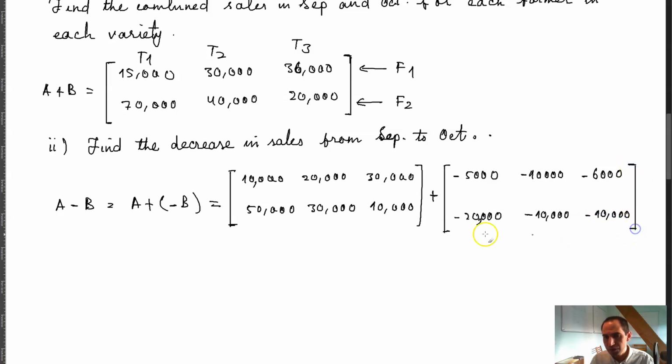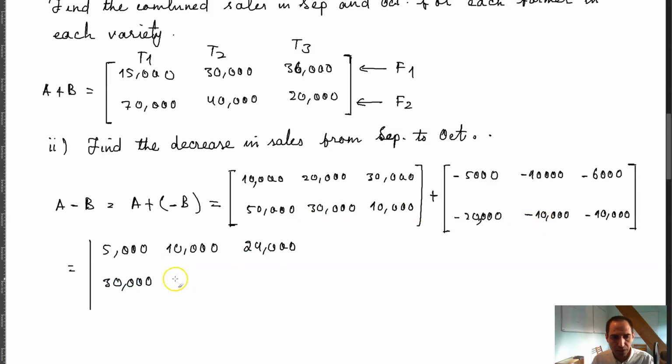Right, so if you subtract, you will get some matrix, as 10,000 minus 5,000 is equal to 5,000. 20,000 minus 10,000 is 10,000. 30,000 minus 6,000 is 24,000. 50,000 minus 20,000 is 30,000. 30,000 minus 10,000 is 20,000.